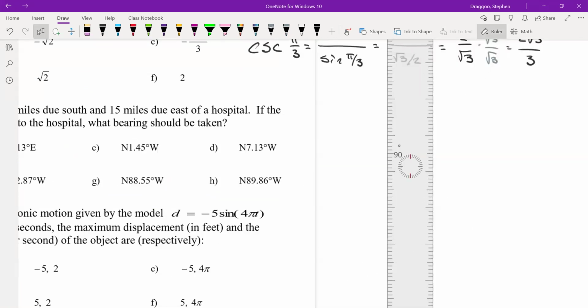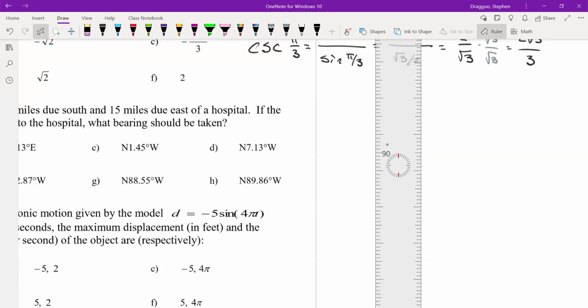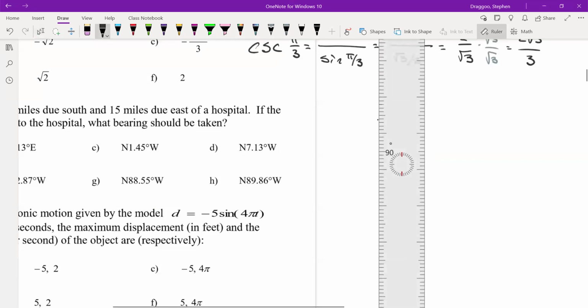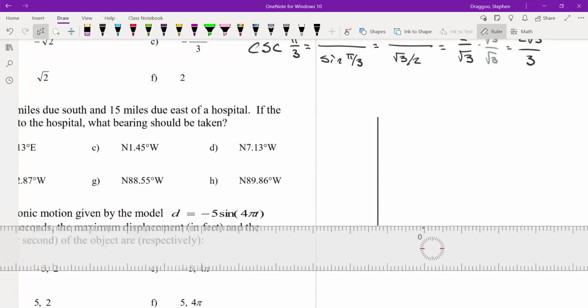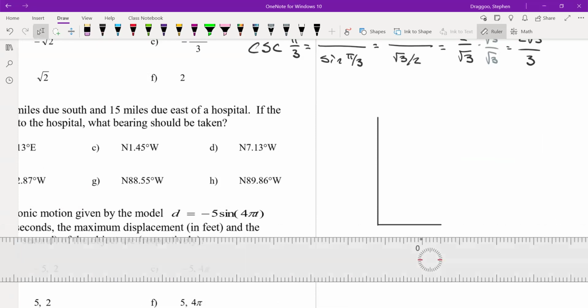I want to start by going 120 miles due south, and then only 15 miles due east. Get a triangle kind of like that.